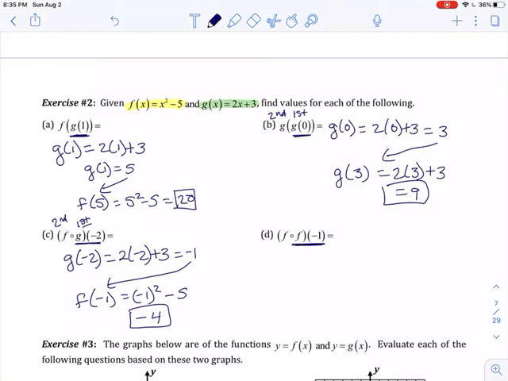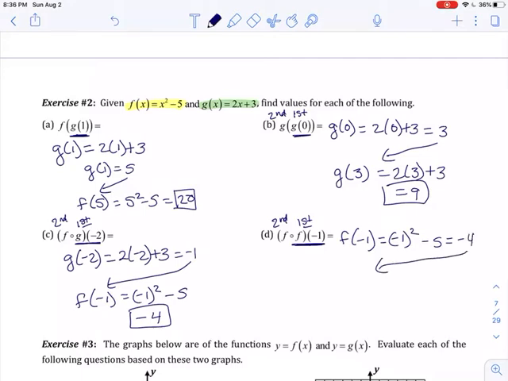And the last one that we're going to practice with the second notation is f following f of negative 1. So this is my first function, f of negative 1, and then whatever output I get is going to become my input, but I am going to do the f function again. So f of negative 1 is negative 1 squared minus 5.